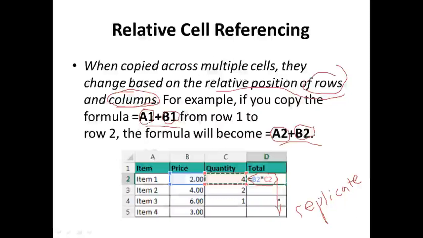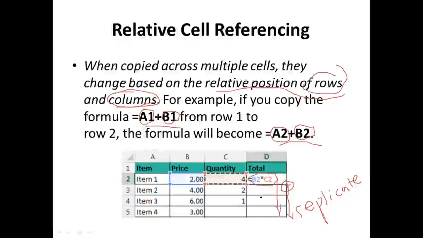Now, where you replicate from, make sure you come and place your cursor at that particular point, and then you drag it down. And this formula will be copied down the cells like that.